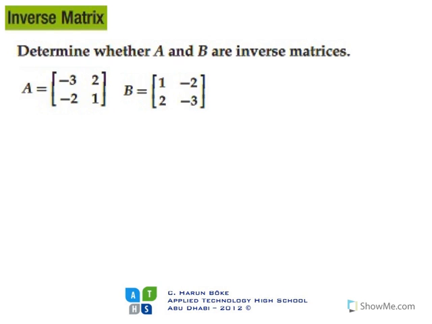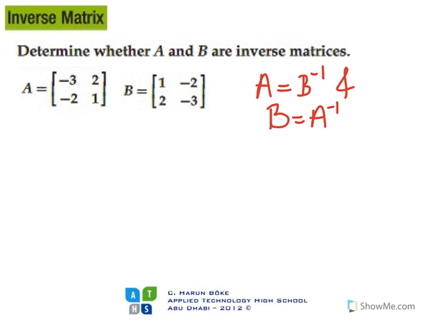So A and B are square matrices, as you see. Let's determine if A and B are inverse matrices, meaning determine if A is B to the minus 1 and B is A to the minus 1, or A inverse.